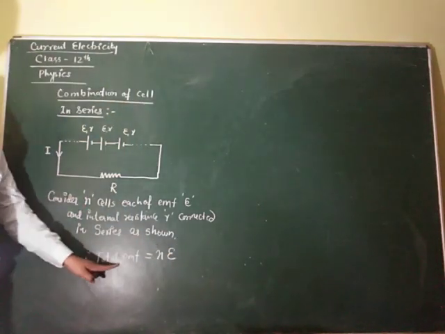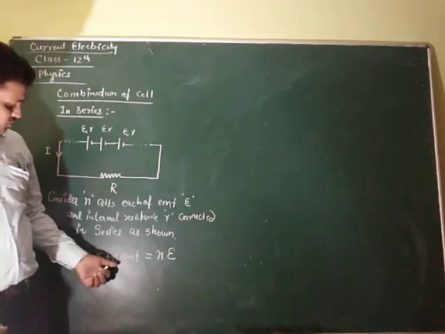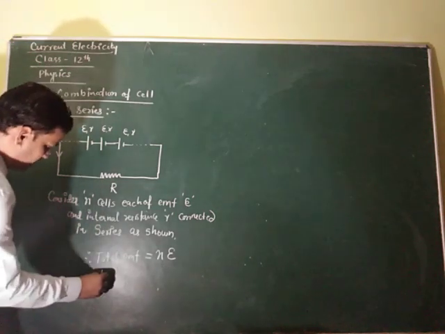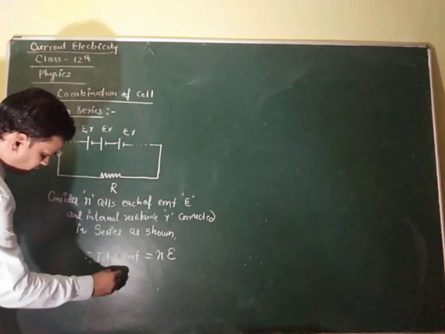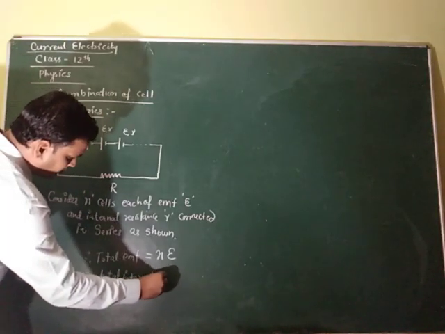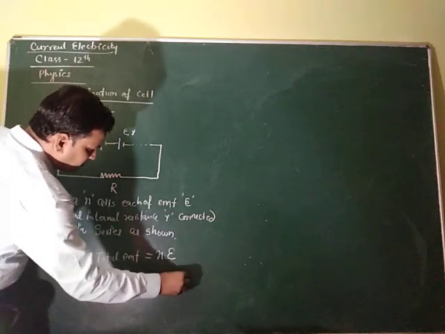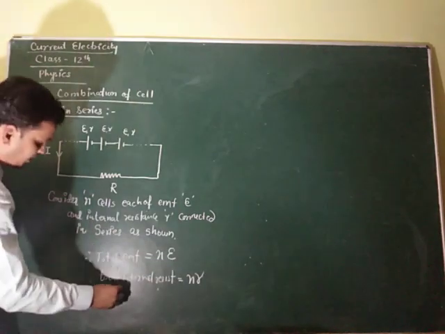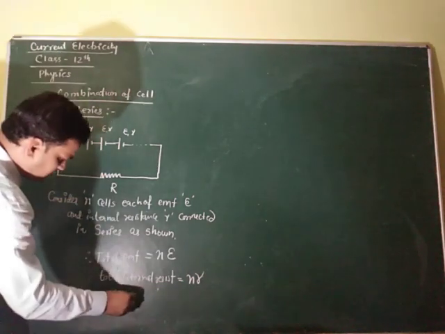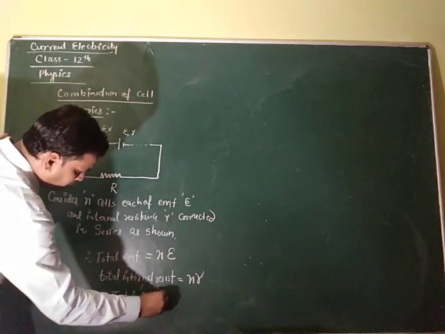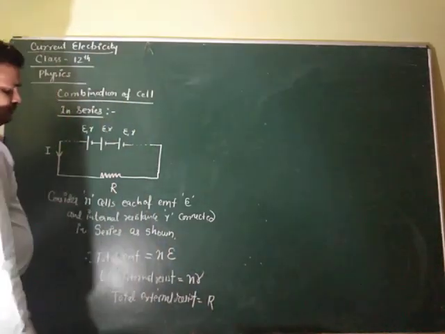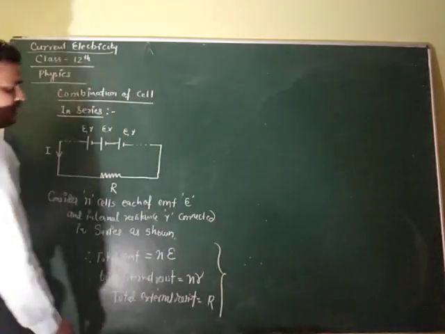Therefore the total EMF is n into E, and the total internal resistance is equal to n times r. For the external resistance, we have taken only one resistance, therefore the total external resistance is equal to R. This is the data we have.